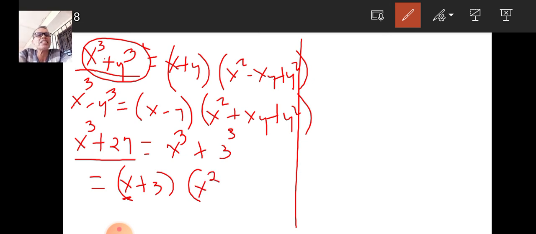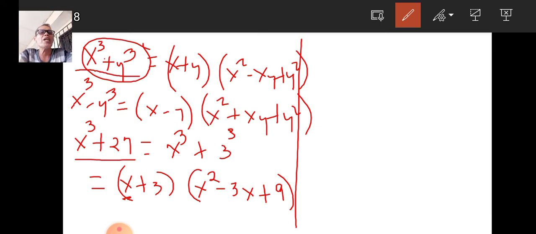If it is the sum, the second sign of the second factor must be negative. Then multiply x times 3, you will have 3x, plus 3 times 3, or the square of 3, is 9. So the factors of x cubed plus 27 are the quantity x plus 3 times the quantity x squared minus 3x plus 9.